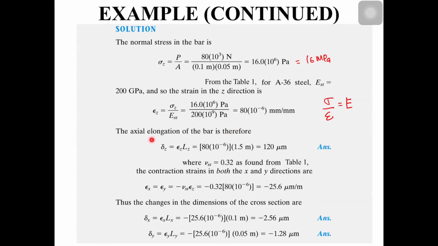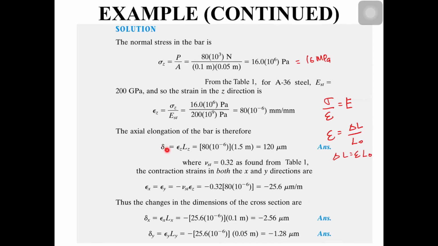So for the elongation in axial, you use the strain equation. The strain equation is delta L over L naught, elongation over original length, or delta L equals strain times L naught.